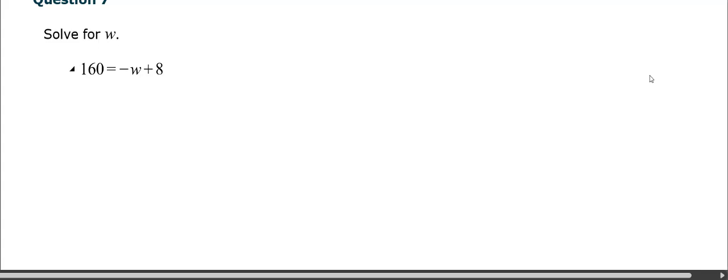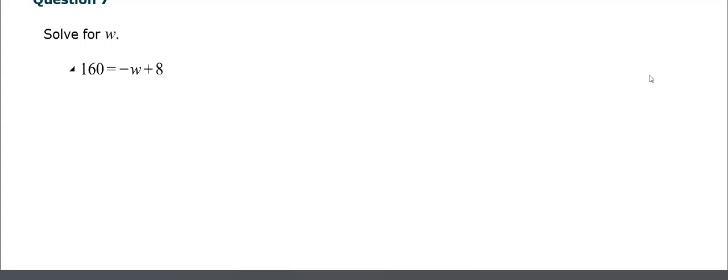My next problem, solve for w. 160 equals the opposite of w, or negative 1w, plus 8. So remember, we do all that we can. There's nothing to do as far as combining like terms or eliminating parentheses. So now I need to isolate my variable.